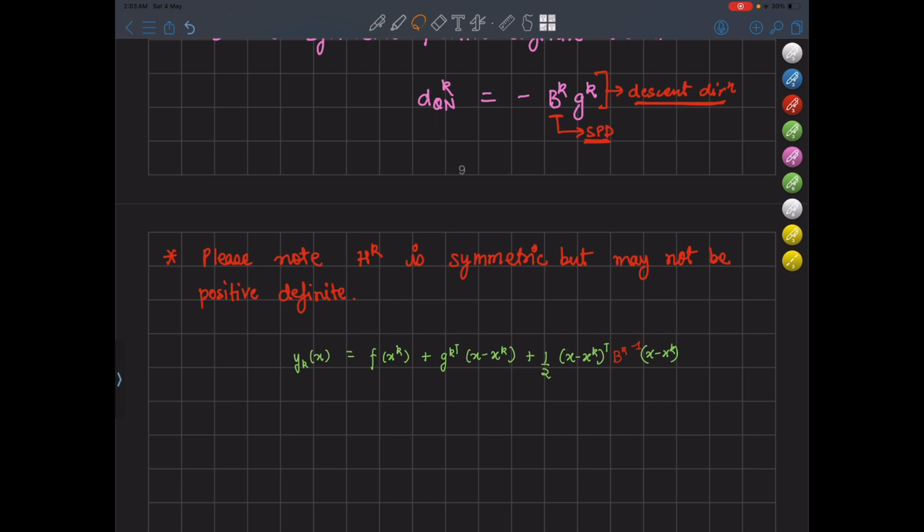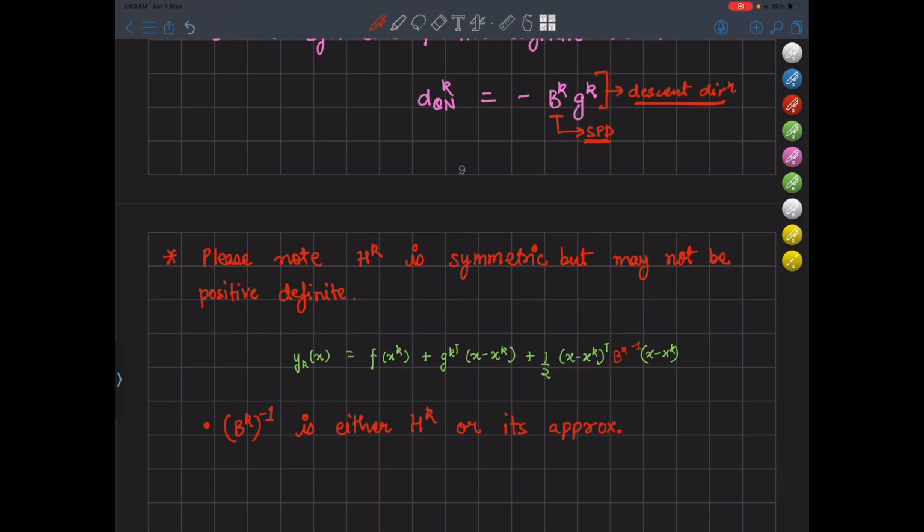So Vk inverse is either Hk or its approximation. So we try to find Bk, a less computationally intensive quantity, such that it is an approximation of Hk, or it is Hk itself.